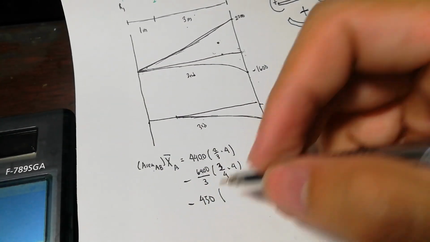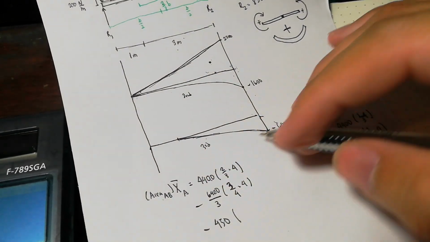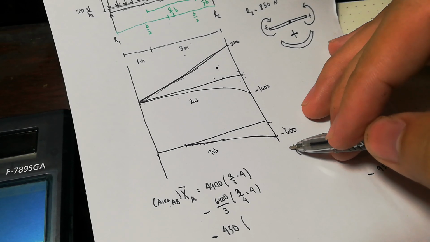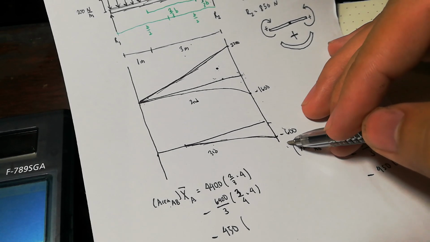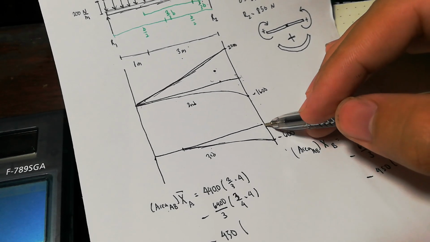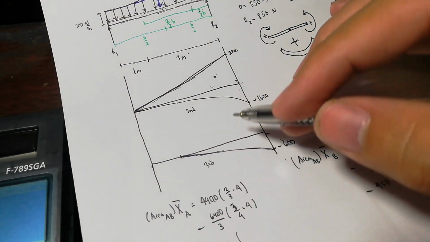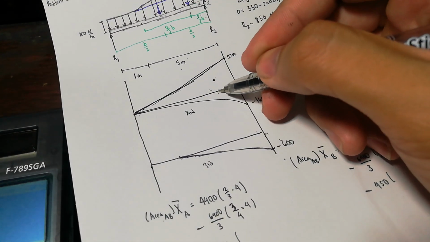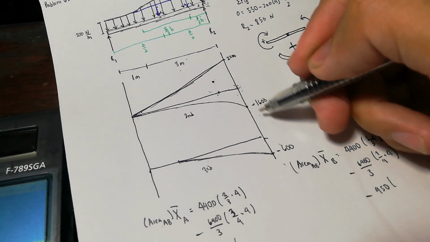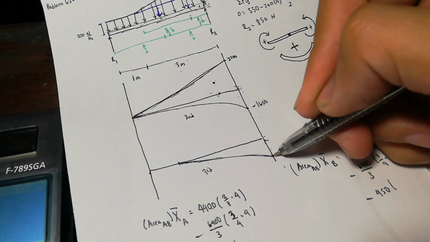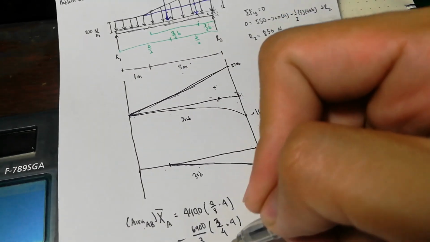Then para naman sa ating 450, so ang formula naman centroid ng third degree spandrel, kung ito ay 1/4 from the highest point, ito naman ay 1/5 from the highest point. So total haba nito is 3 meters.